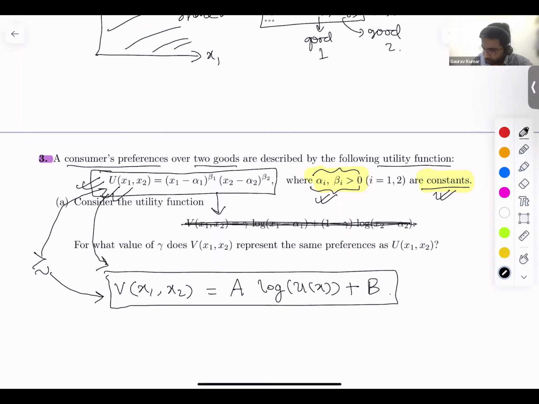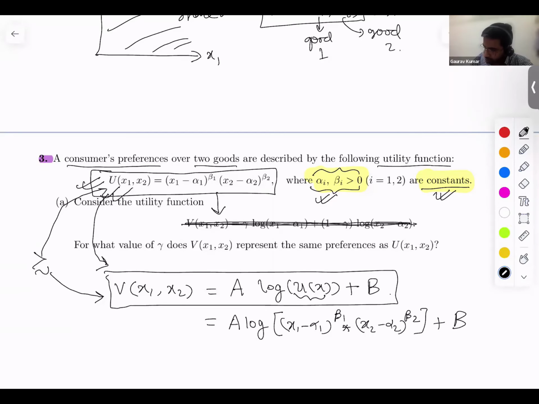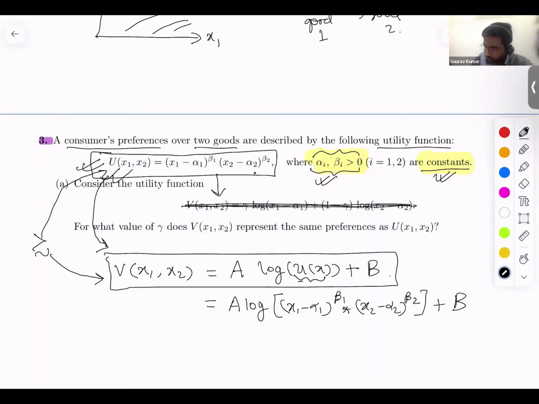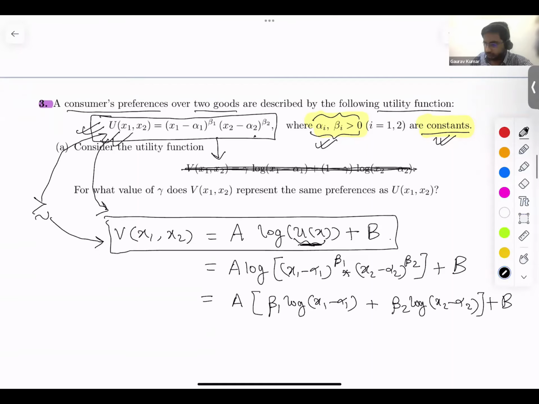When you substitute the function that has been given to you, you substitute this u of x here and then just use the property of log. Is this fine?